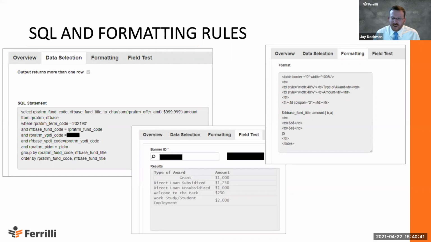They have a header row, and then they use that special formatting code to create the table of data. And if you look at the bottom, you can see exactly what it'll look like after it's run. That's using the field test capabilities within BCM, so you can see exactly how it would work when you test it. And I think that's pretty much what I've got for the technical side.